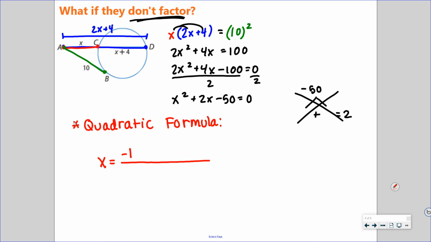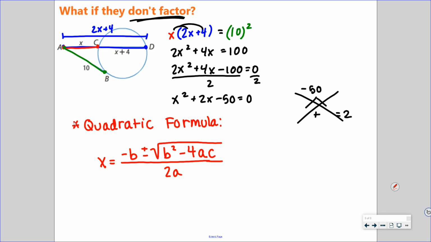All right, negative b, lowercase b, plus or minus the square root of b squared minus the number 4, lowercase a, lowercase c, that product, all over 2 times a. Now it looks complicated, but it's not too bad.